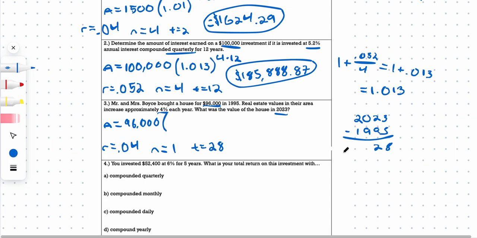So let's find our B value by doing 1 plus R over N, which is 0.04 over 1. That's just going to be 1.04. Then raise that to the N times T power. 1 times 28 is just 28. So let's do 1.04 to the 28th power.